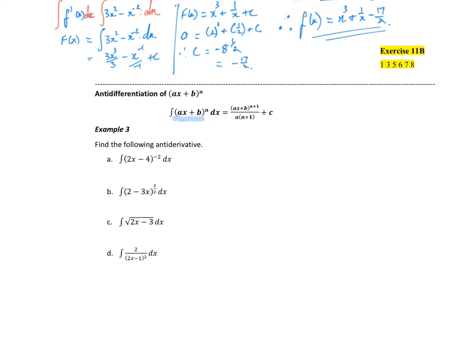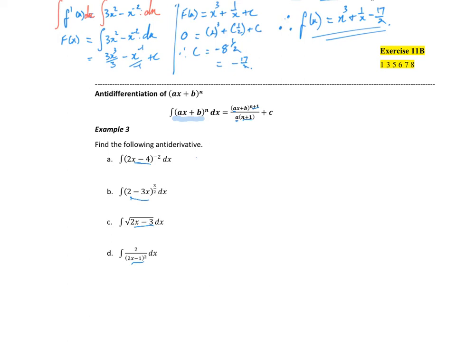Instead of expanding it like we did in the previous example, we can just add 1 to the power and divide by the power, which is typical, but then we also divide by the coefficient of x. All of these are linear expressions, so we can apply it to those, which have different powers.